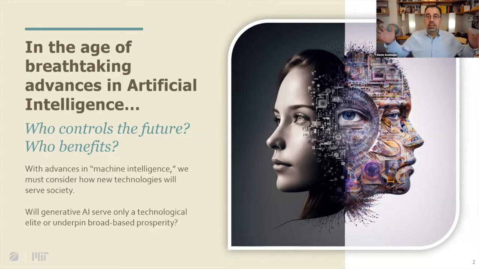So there are decisions that people make, entrepreneurs, government leaders, people in society in general, about where technology will go and who will benefit from them, who will control machine intelligence, and what is it that we want from machine intelligence. And these are, of course, foundational if we want to view the shared prosperity question in a broader light.